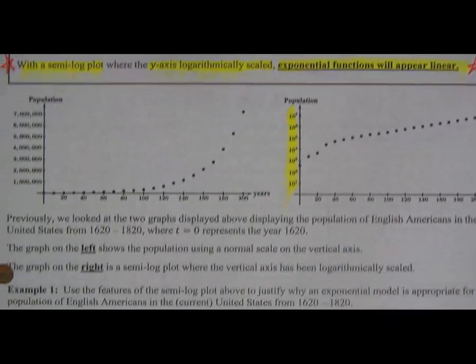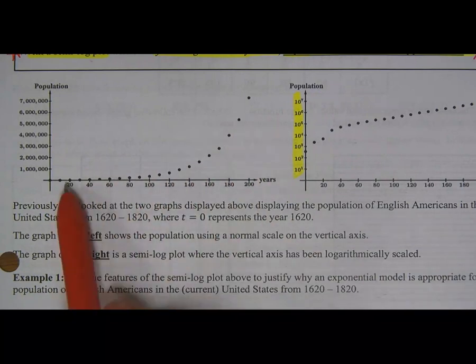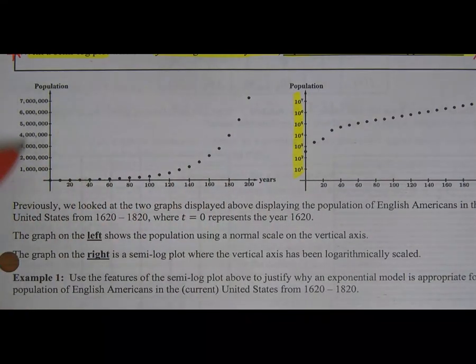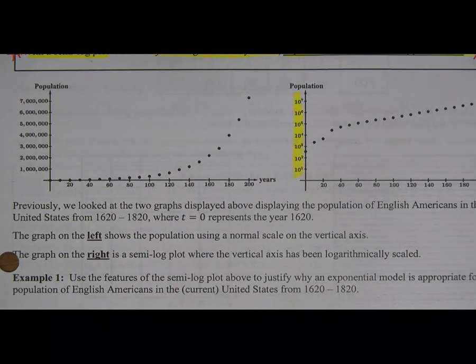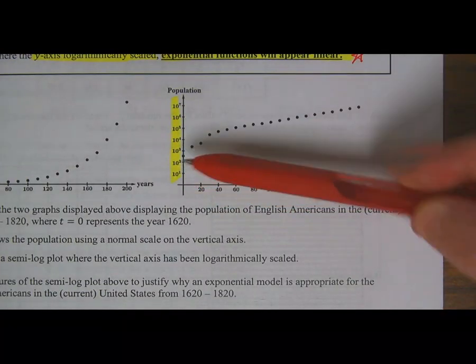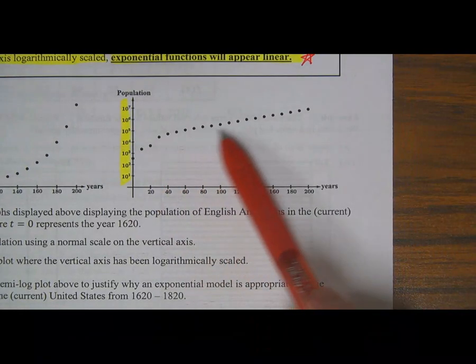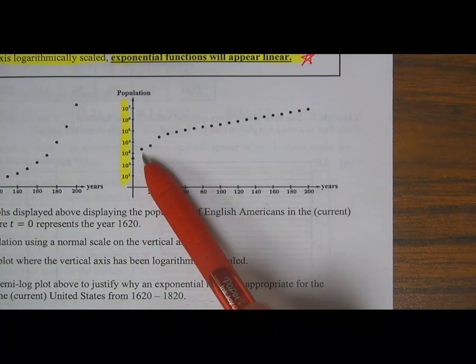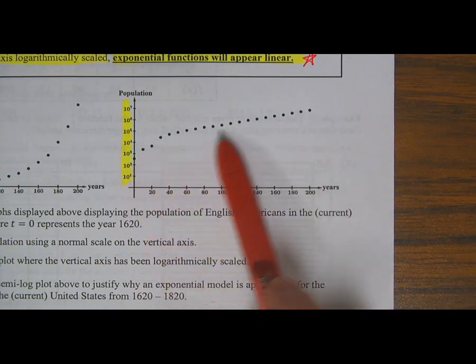So here's what that means. Here we've got some data that, when it's plotted with just a normally scaled y-axis, we can see is exponential growth. When I take those same exact ordered pairs and change the scale of the y-axis to be logarithmically scaled, now it appears to be mostly linear. It's not a perfectly straight line, but you would be able to spot that as mostly linear.